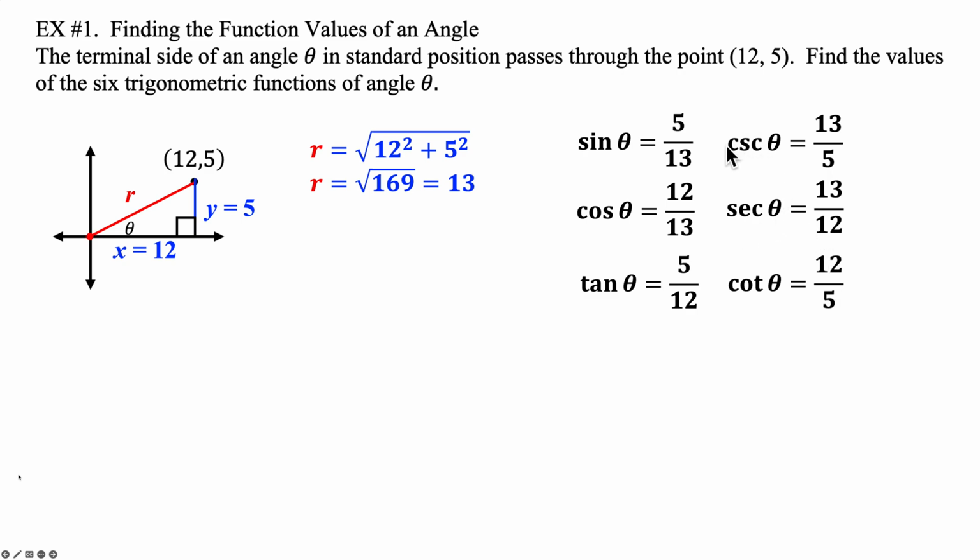If you notice the pattern, sine, then the prefix co on sine, tangent, and the prefix co on tangent, secant, prefix co on secant. Some people like them in that order, and they kind of make a U shape for their answers when they do the reciprocal of the right side. 6 of one, half dozen of the other. Whichever works best for you will work for me.